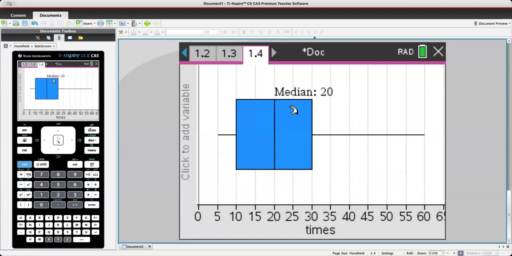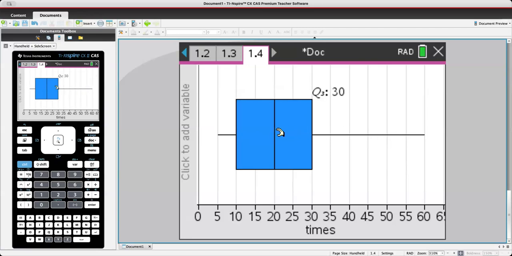Look up here at mine for now. What do you notice? This gives you the minimum, which is 5. This right here is Q1, which is 10. This line in the middle is the median. This right here is Q3. And out here we have the maximum, which is 60.